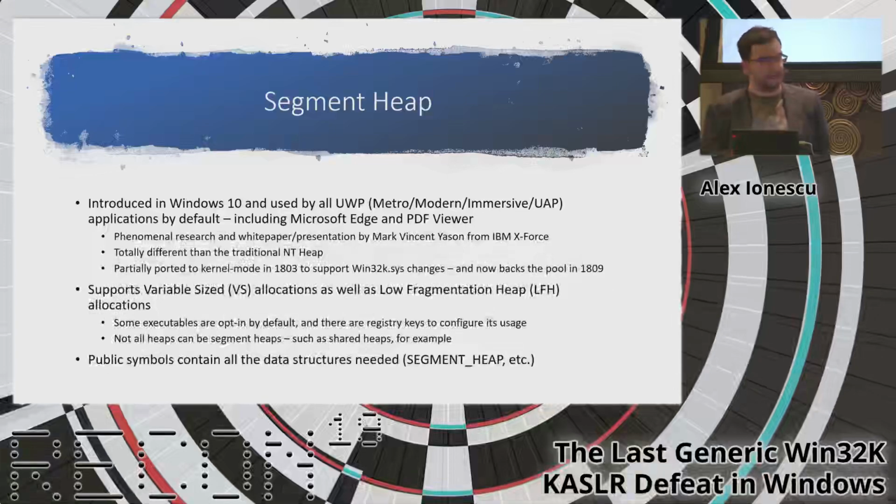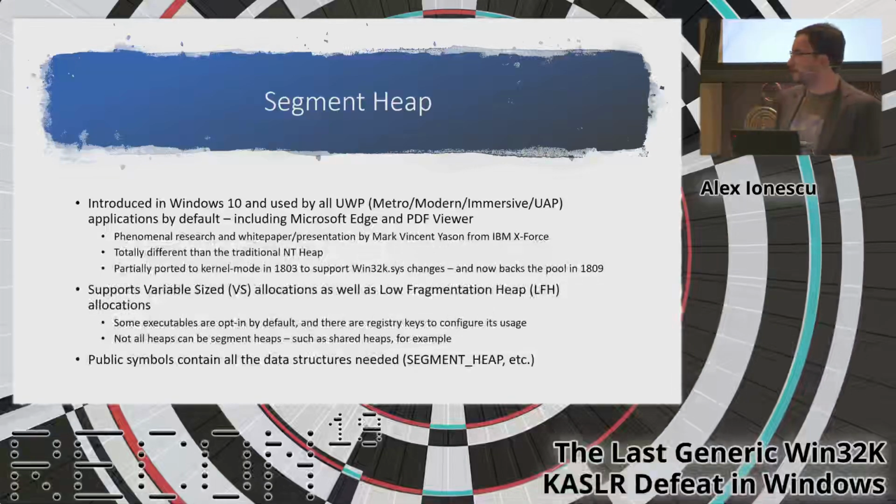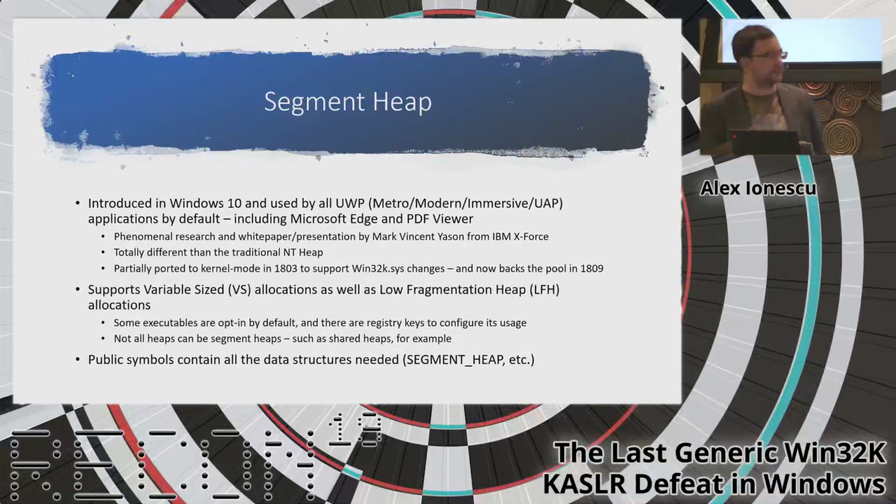The fixed heap, segment heap, which is the one that they implemented in kernel mode, only supports what are called variable sized allocations. So if you do read his paper and his presentation, all the parts where he talks about LFH are not relevant, but all the parts where he talks about variable size allocations are relevant. So it's kind of a simpler implementation of the segment heap that they call the fixed heap. Now, all the data structures associated with the fixed heap and the variable size allocations, they're all in public symbols.